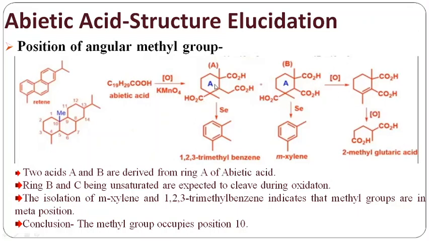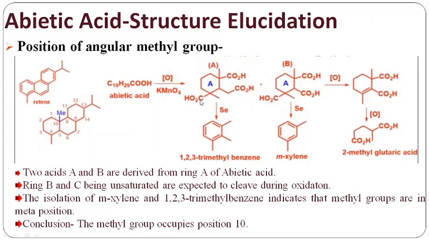The formation of two acids, as you can see, is possible only if they are derived from ring A. Ring A is intact in both cases, and the formation of these 2 carboxylic acids indicates that rings B and C contain double bonds. Because of this, the 2 carboxylic acids have been obtained on KMnO4 oxidation.